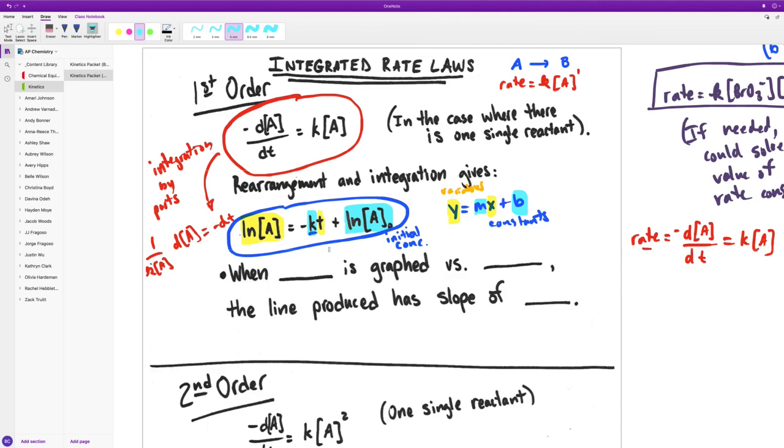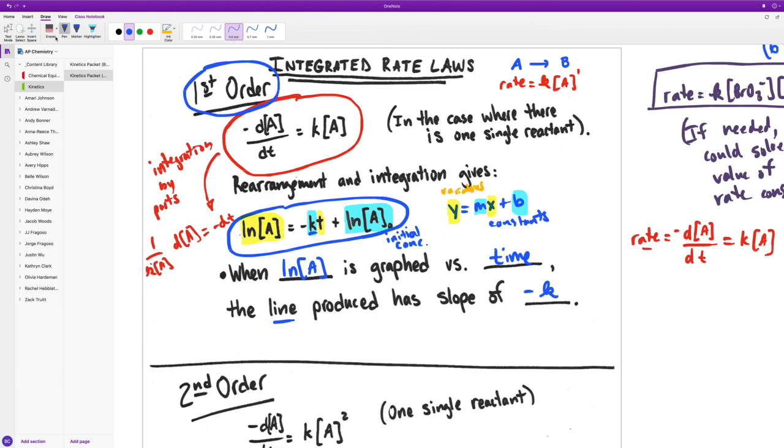So what's the main takeaway from this integration? Well, if you have a first order reaction, if the rate is k times A to the first power, when you graph the natural logarithm of A, concentration, versus time, you will get a line. And the line produced has a slope of negative k. Okay?